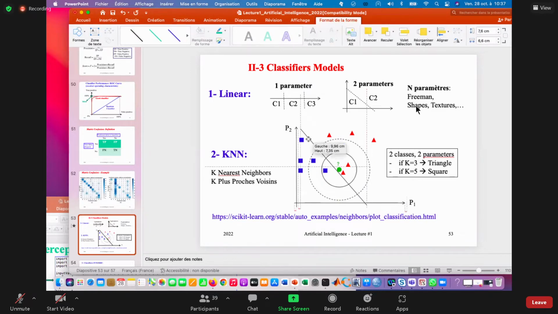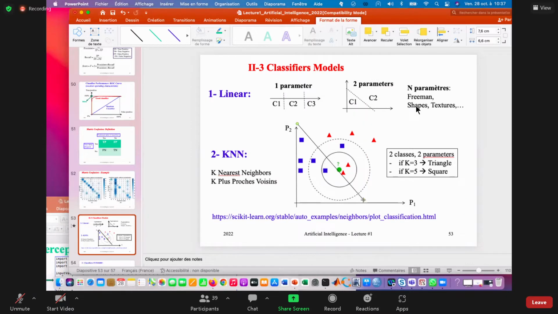Okay, but if I put my separation here, so the C1 class category and C2 category here, it means that for triangle, it will be perfect, but sometimes I have learned that this one is a square object. So there is a mistake. So another solution should be to do something like that.